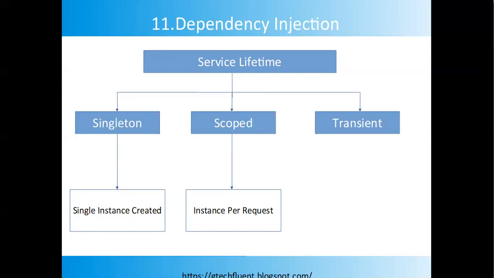A scope is created on every request to the application. The next is transient. Transient components are created every time they are requested. Now let's switch to Visual Studio and we'll see the service lifetime and registration in detail.